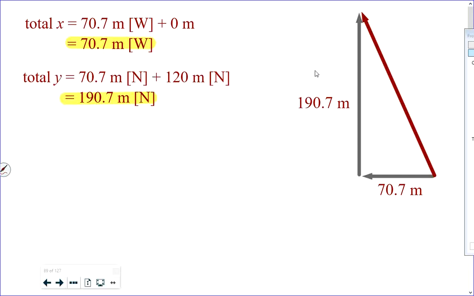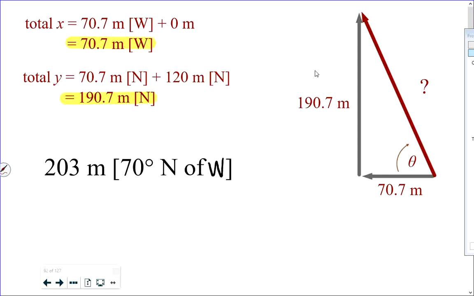I don't know what you want to write down. I mean, you do want to find the magnitude, which is the hypotenuse. You do want to find the angle, which is the direction north of west. Give yourself a minute on your calculator and confirm that you will get 203 meters for a magnitude, and the direction will be approximately 70 degrees north of west.